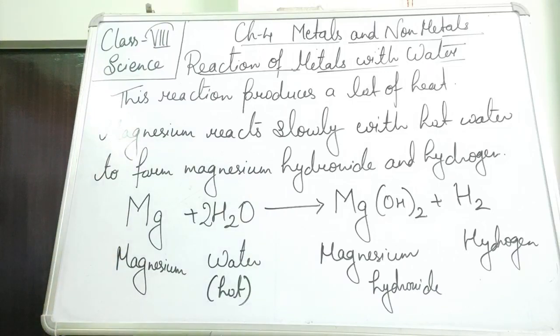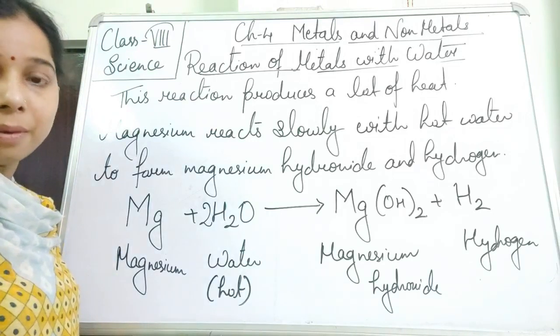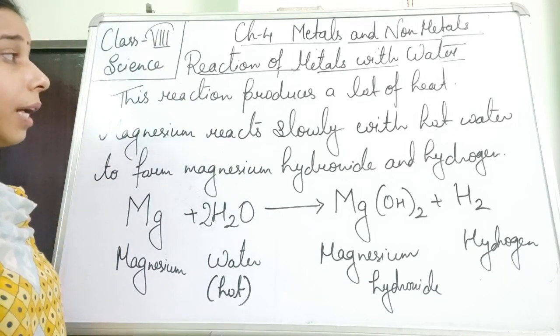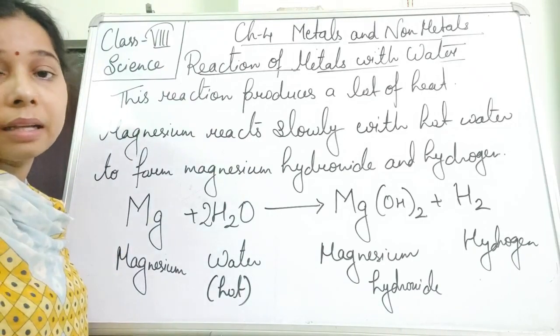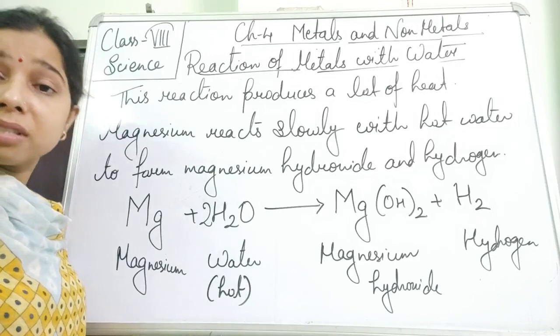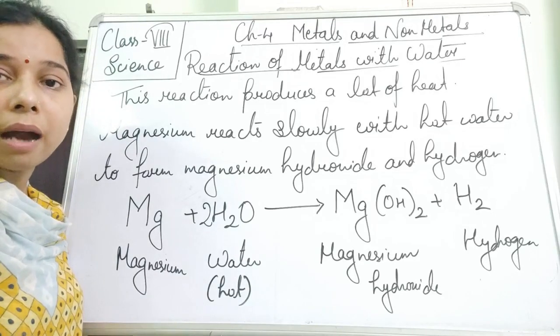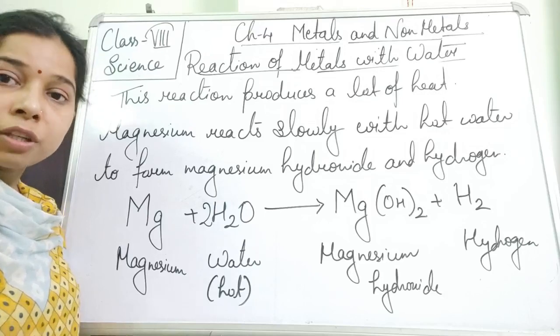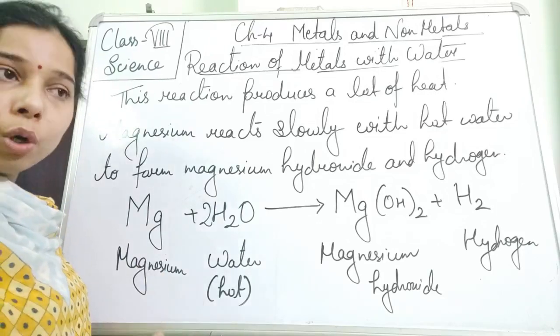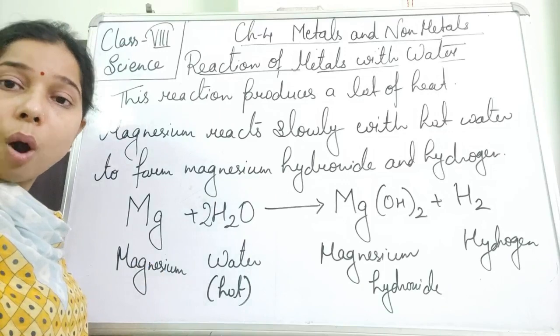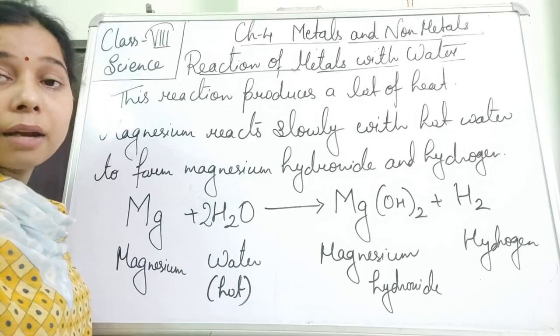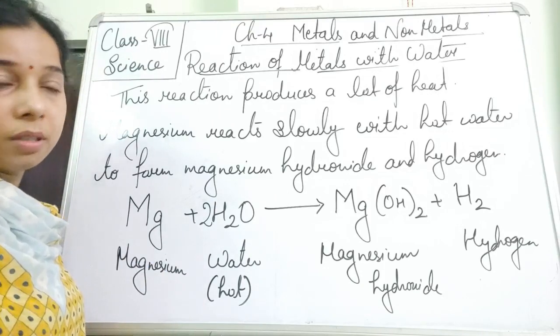What happens in the case of zinc? Zinc is the least reactive among all these. So it will react even more slowly than magnesium. So instead of using hot water, we will make the zinc react with steam. It cannot react with the cold water, it cannot react with the hot water, but it can react with the steam, student.